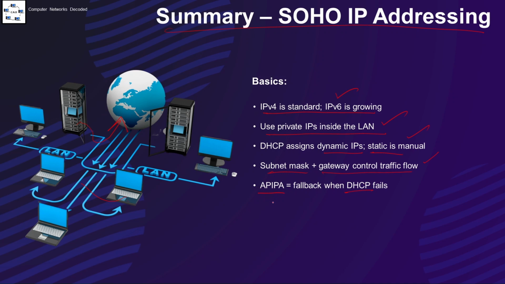It is assigned an IP address in this range by the operating system. So if all these clients cannot get an IP address from the DHCP server, let's suppose, they are assigned an IP address in this range, and then they can communicate locally over the LAN.